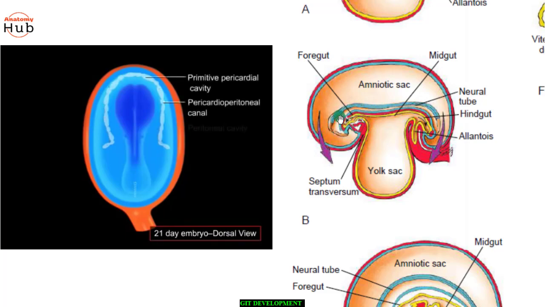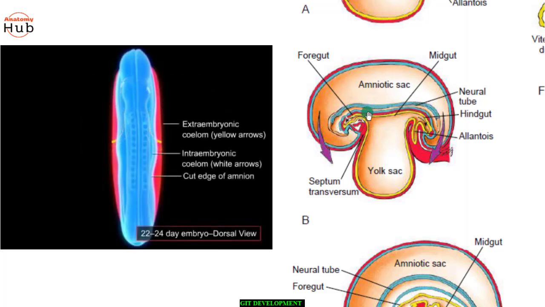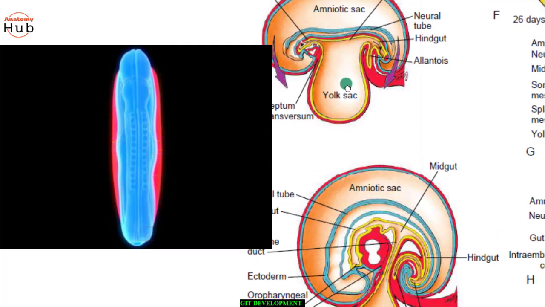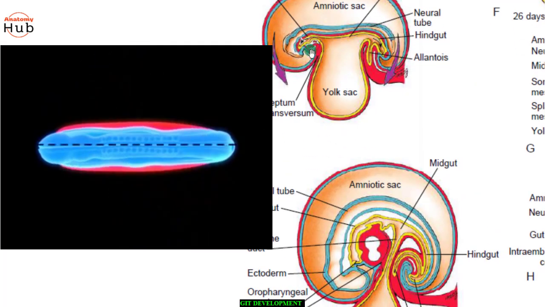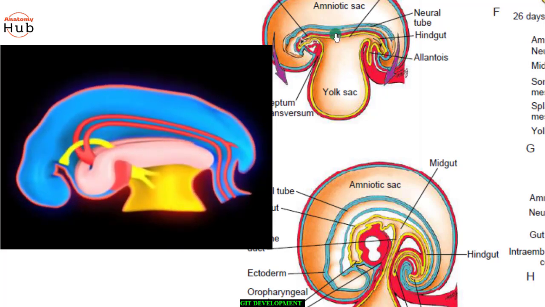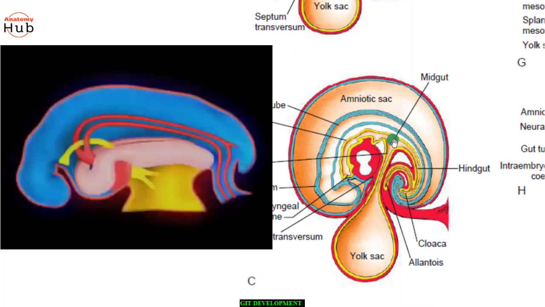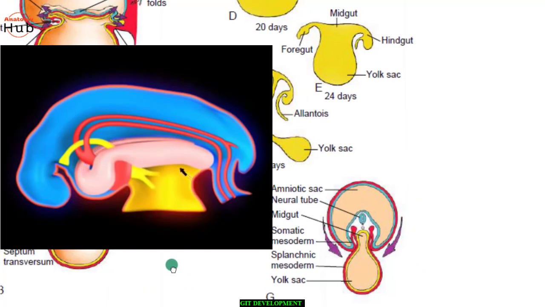So, what you will say? You have to say that the cranial or head folding occurs, caudal or tail fold occurs, and lateral body fold occurs. The cranial and caudal folds are best viewed in mid-sagittal section, that here you can see A, B, C, and the paired lateral body folds are best viewed in cross section.